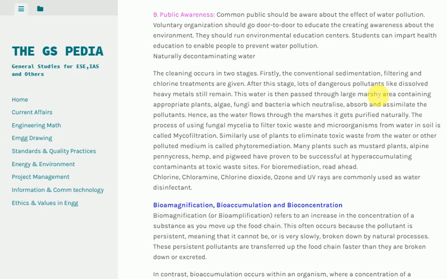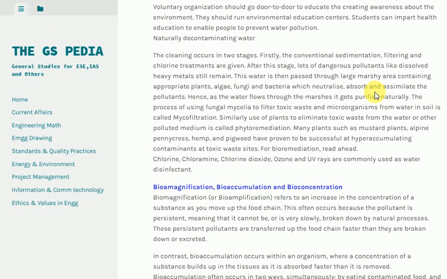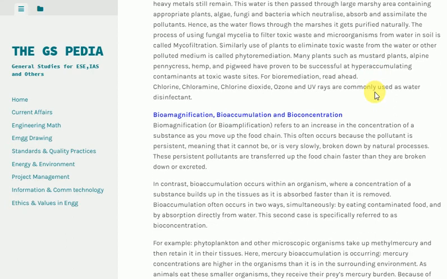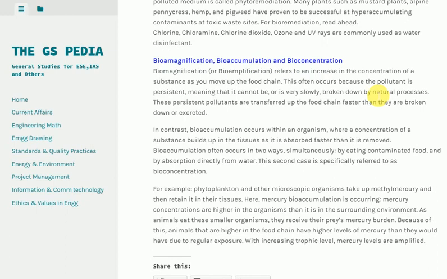Many plants such as mustard plants, alpine pennycress, hemp, and pigweed have proven to be successful at hyper-accumulating contaminants at toxic waste sites. For bioremediation, read ahead. Chlorine, chloramine, chlorine dioxide, ozone and UV rays are commonly used as water disinfectants.